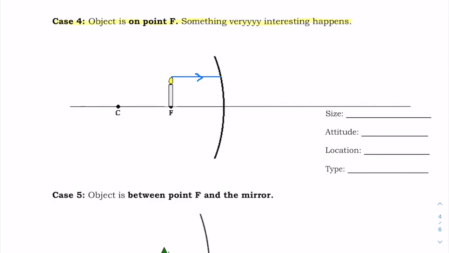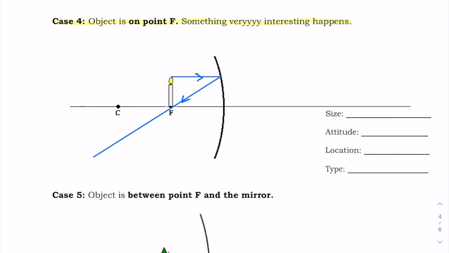This one reflects and passes through the focal point. The second ray of light that we usually draw is one that passes through the focal point and then comes out parallel to the principal axis. But we can't draw this one because our image is already on the focal point.